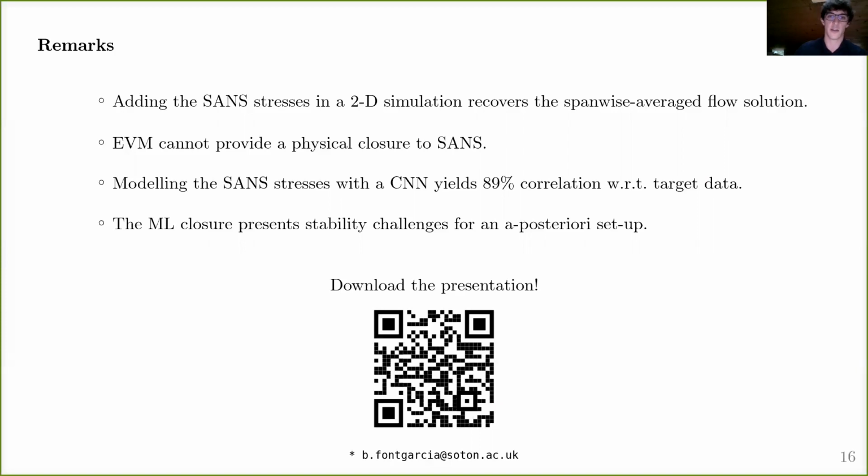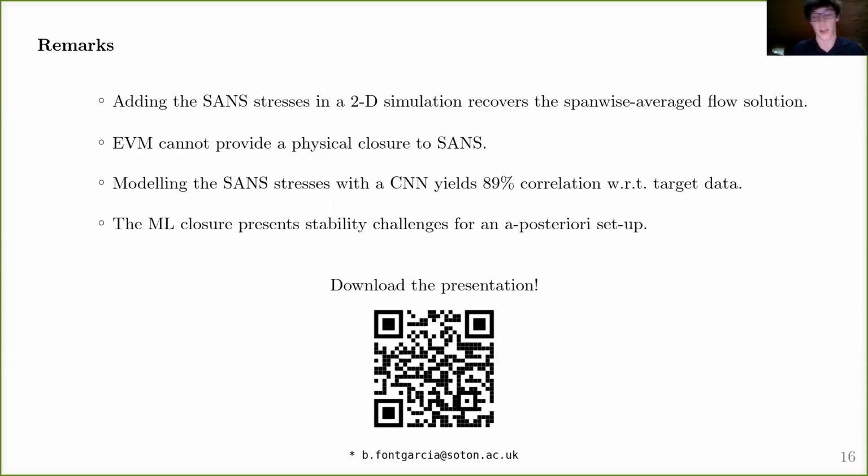And for these closure terms, which incorporate the 3D information, we've checked that viscosity models are a priori not very well suited for this. So instead, a convolutional neural network can successfully learn to map our resolved span-wise average quantities to these closure span-wise fluctuating terms.